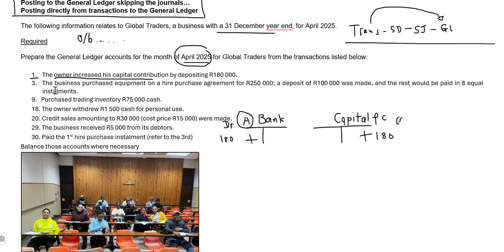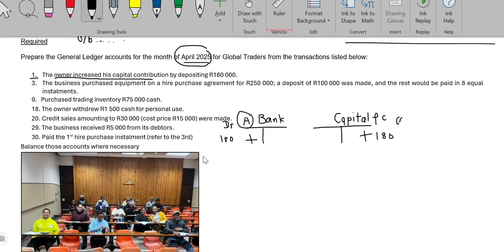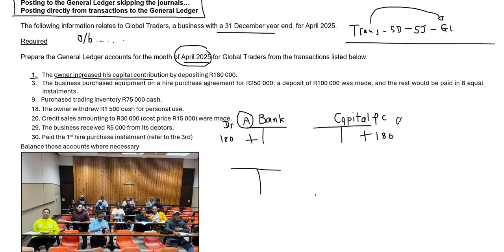Let's go to the 3rd. The business purchased equipment on a hire purchase agreement for 250,000 Rand. I'm going to use T accounts one more time. So the business purchased equipment, and the equipment was worth 250,000 Rand.